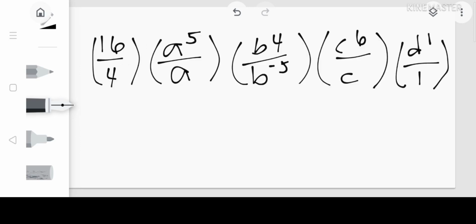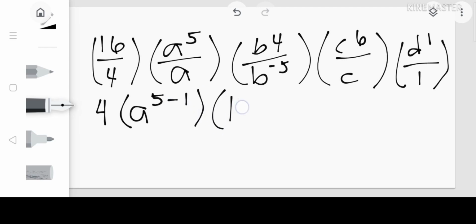So, 16 divided by 4 is 4. And then, isa-isahin natin ang literal coefficient. A raised to 5 minus 1. And then for b raised to 4 minus negative 5.